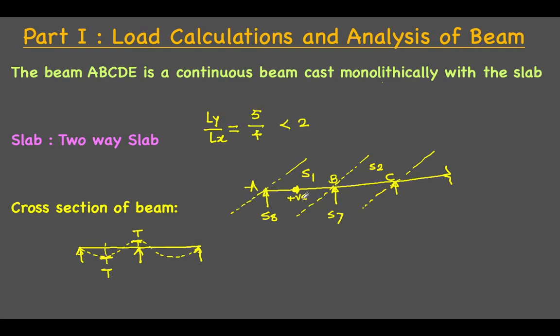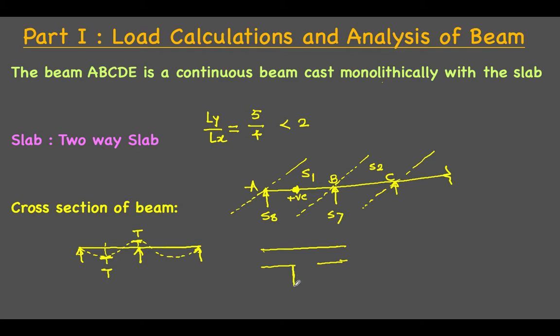So when we are considering tension at bottom and we are having a slab over here, then for this particular point I'll show its cross section. This is the slab we are having, right?